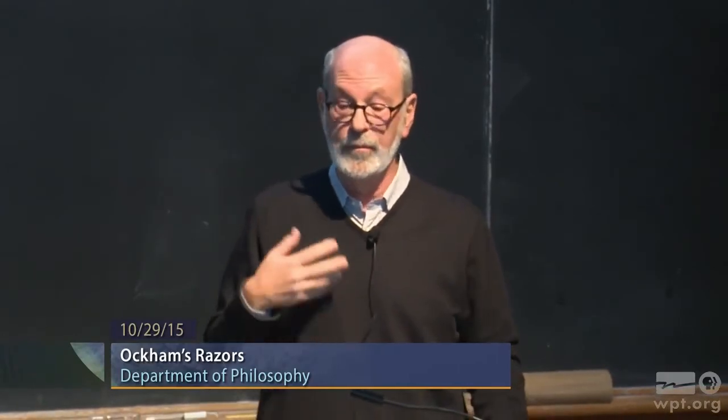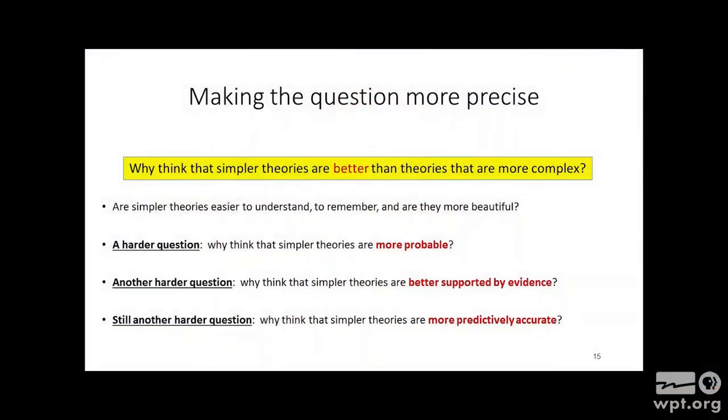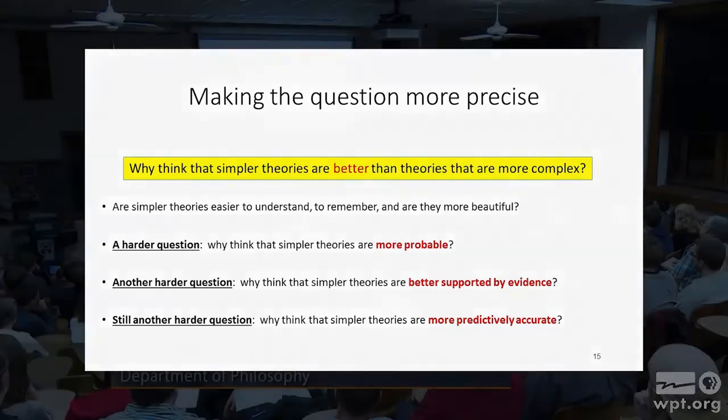The hard problem, there are several, are like this. So what? Simpler theories are beautiful and easy to understand. Tell me why I should think that simpler theories have a higher probability of being true. Tell me why simpler theories are better supported by the evidence we have, or possibly tell me why simple theories are more predictively accurate than theories that are more complex.